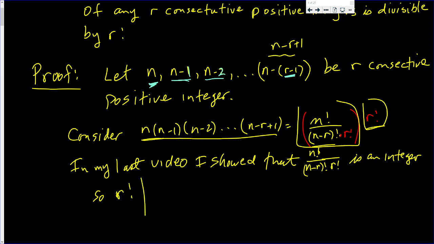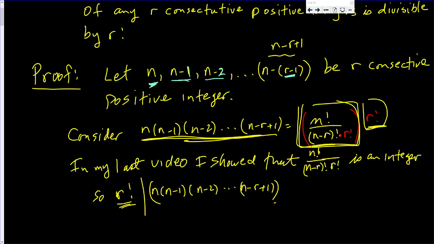So r factorial divides n times n minus 1 times n minus 2 all the way up to n minus r plus 1, because this here is an integer multiple of r factorial. And that completes this proof. Just have to be clever sometimes to know. Divide by r factorial, multiply by r factorial.